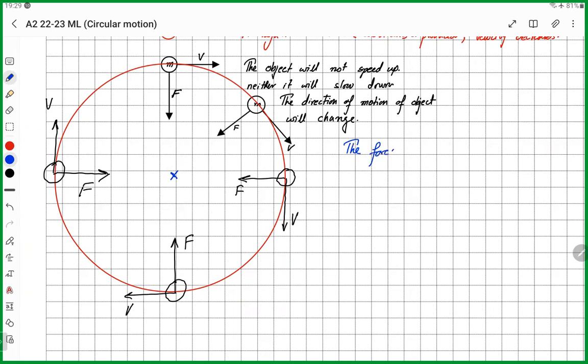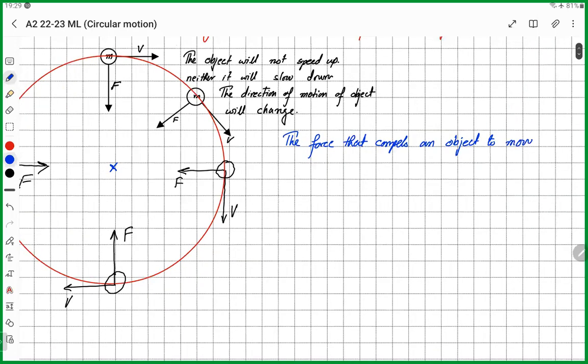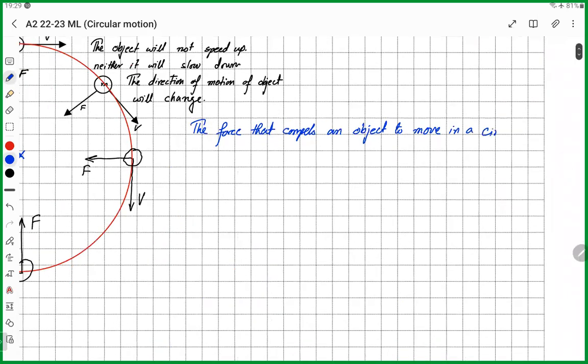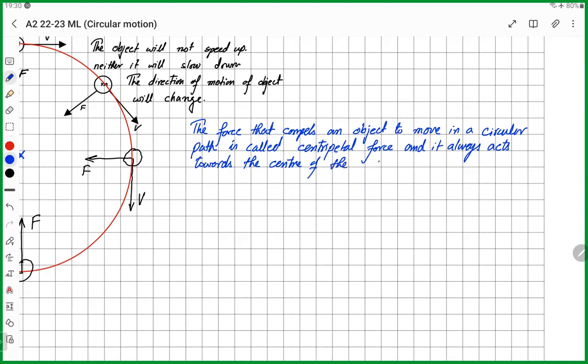The force that compels an object to move in a circular path is called centripetal force, and it always acts towards the center of the circular path.